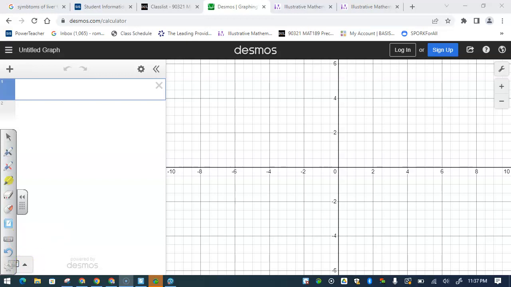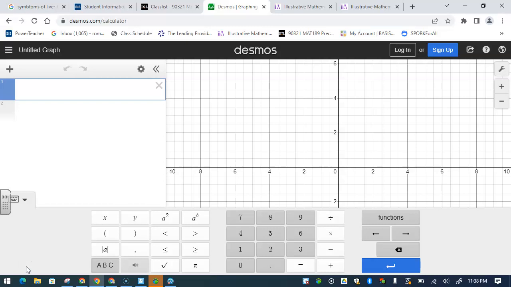Made a mistake here. I think something is blocking here. Let me first take this off. You can click on the keyboard in desmos.com and just write down 1.25, then click on raise to the power, go up there and write 1/3.